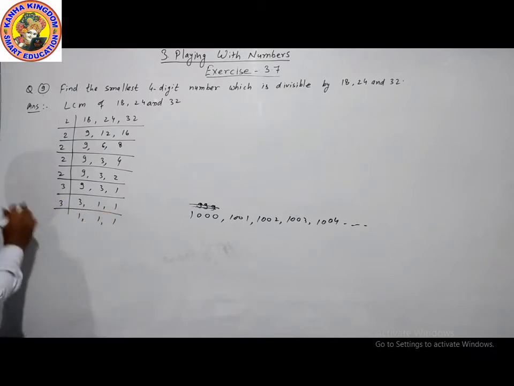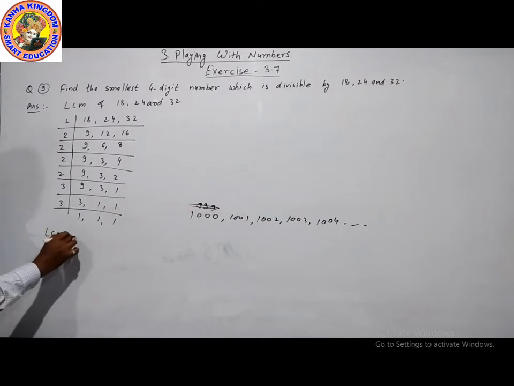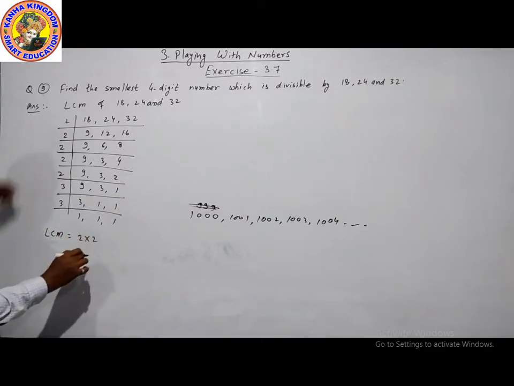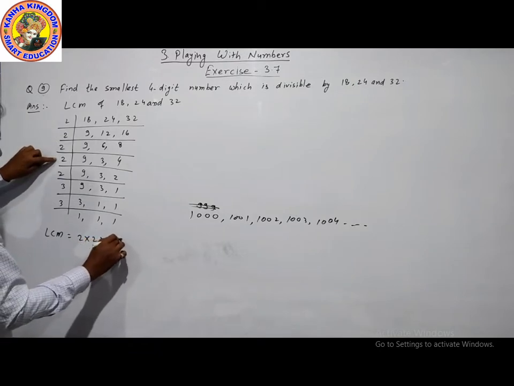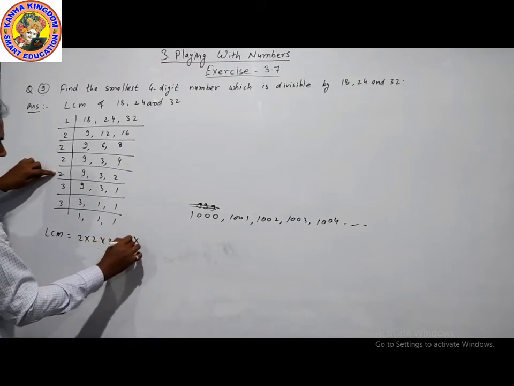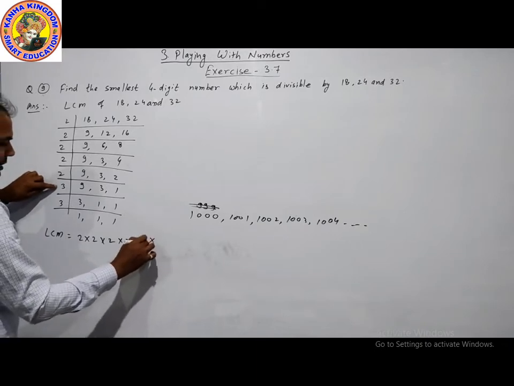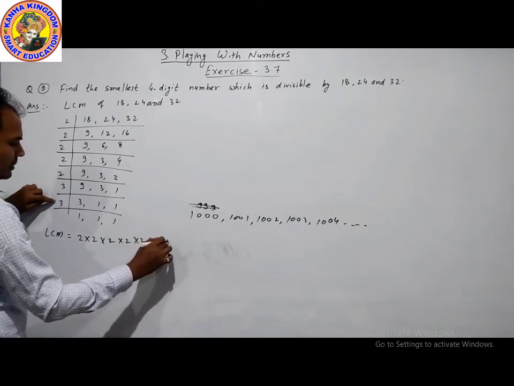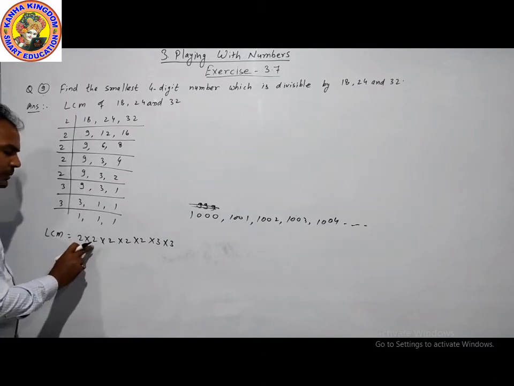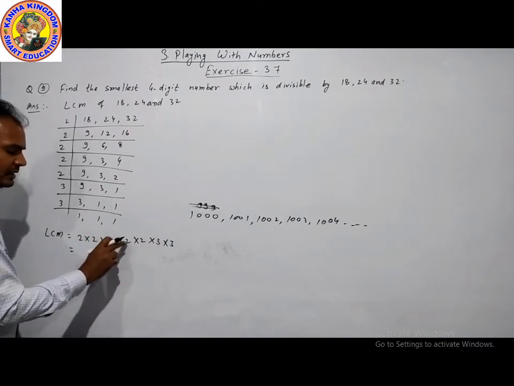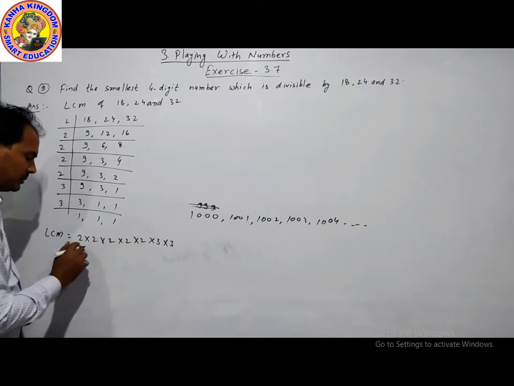So our LCM is 2 into 2 into 2 into 2 into 2 into 3 into 3. 2 into 2 is 4, 8, 16, 32.